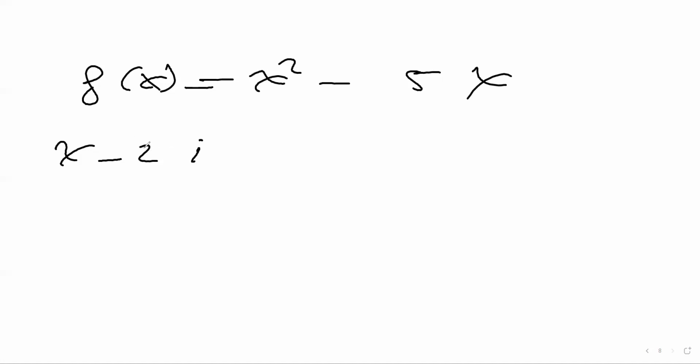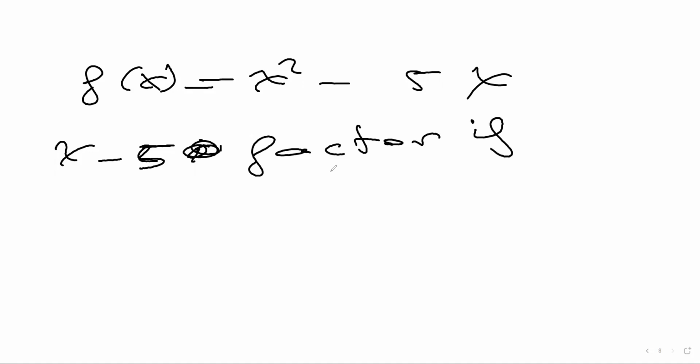So when x equals 5, x minus 5 is a factor. Listen please. x minus 5 is a factor if and only if f of 5 is 0.